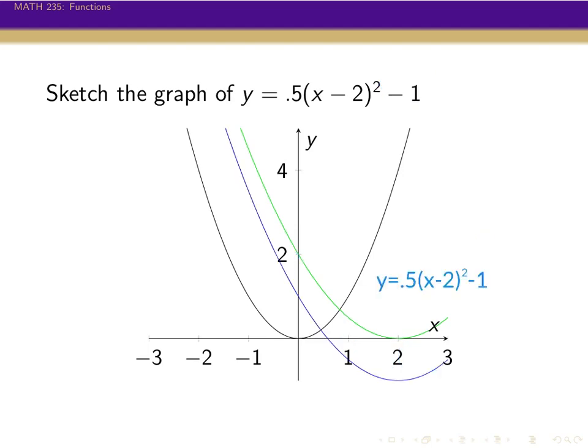So for the final function, we just shift everything down. And as you can see, all the way across, the vertical distance between these is the same, all shifted down by 1. And so we're left with our graph of our final function.